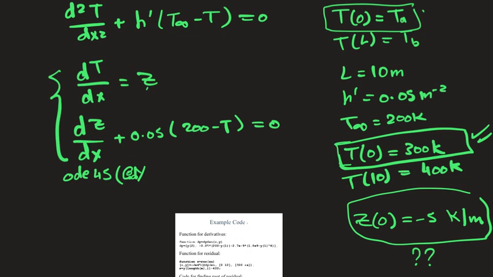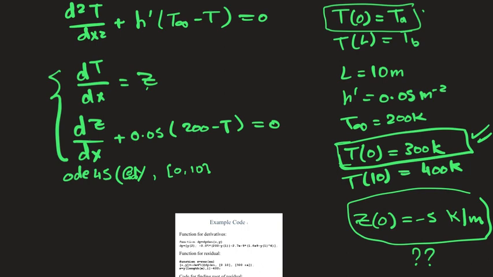The second parameter is the range of the solution, in terms of the independent variable. I want to know the values of the temperature at every point in the rod, and we know the rod goes from 0 up to 10 meters.